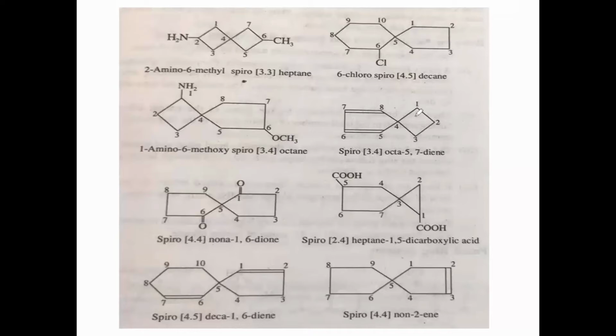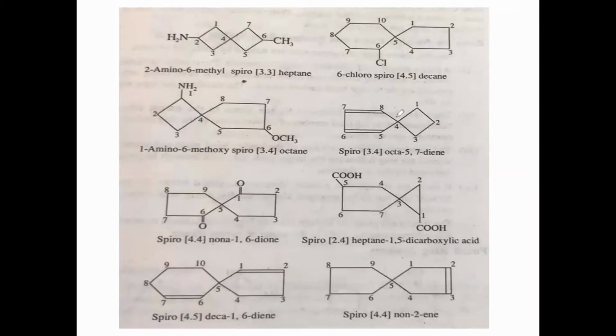But there is also a rule. While writing this, two rings are there, so you will give preference to the ascending order. You will give preference to the smaller ring and then the larger ring. So first you will write the word Spiro, then the square bracket, then you count the numbers of carbons in these rings, excluding the common carbon.